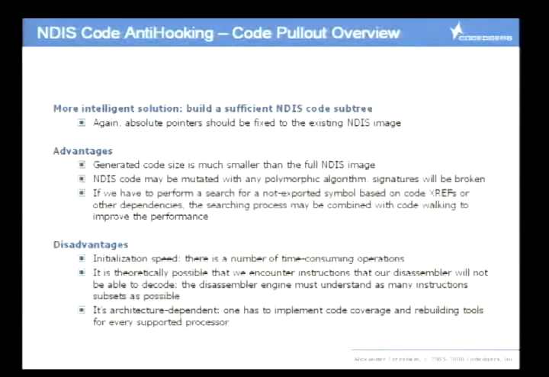But the main advantage of this solution is that the generated code size is much smaller than the full disk image. Let's say it's about 30 kilobytes of code for these four hooked functions, which I mentioned before. The four functions like in this register protocol, in this open adapter, and two others.